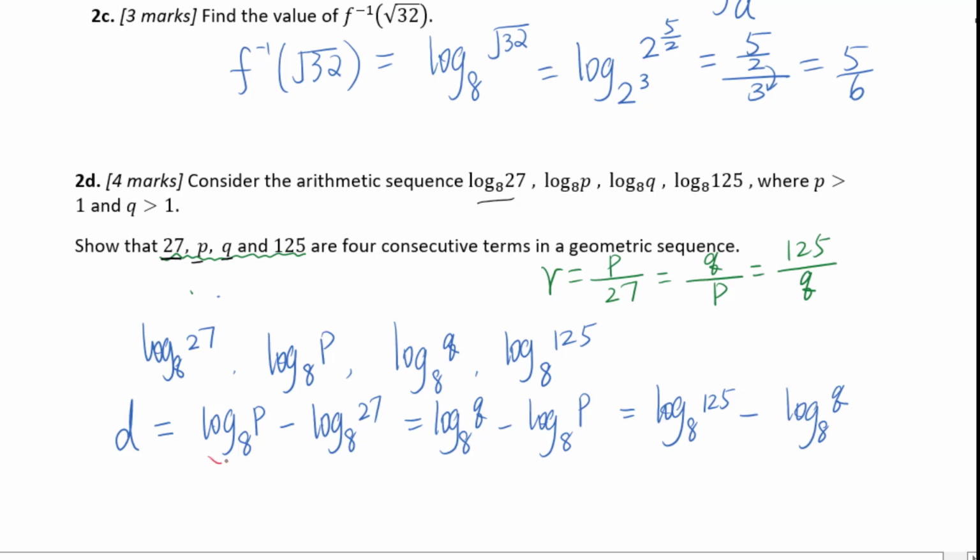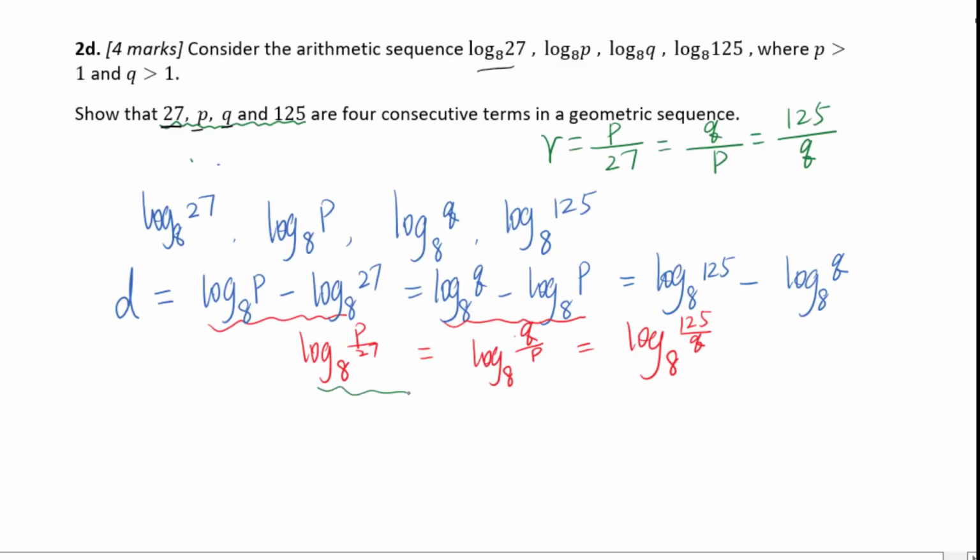Then we can condense the logs. We get log base 8 of p over 27 equals log base 8 of q over p equals log base 8 of 125 over q.